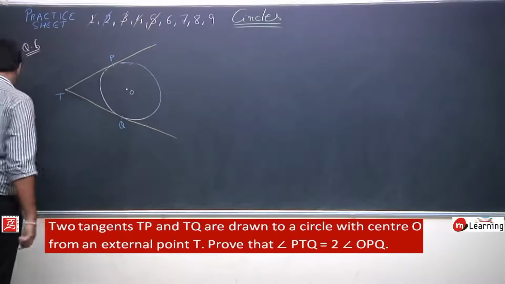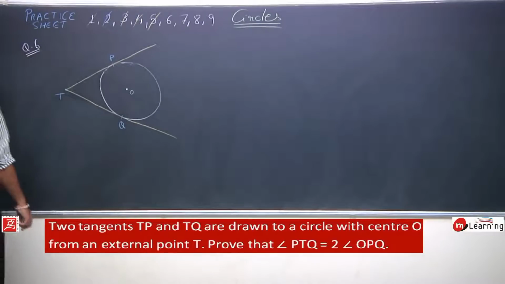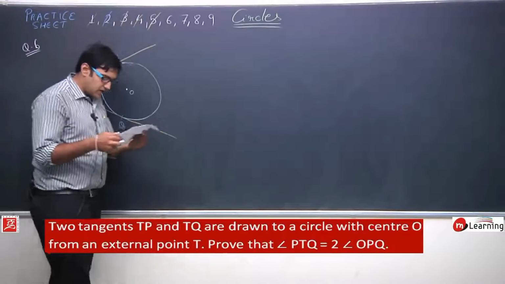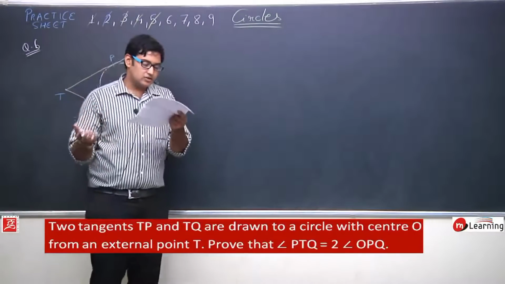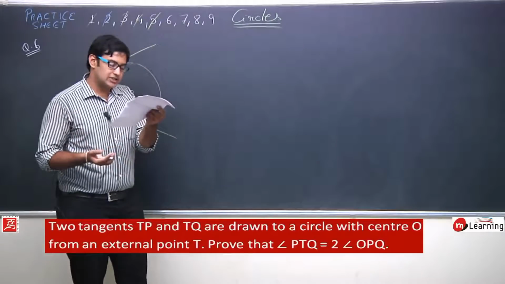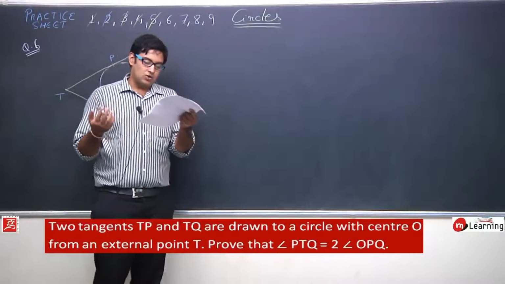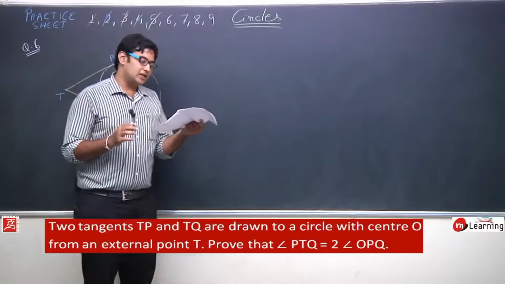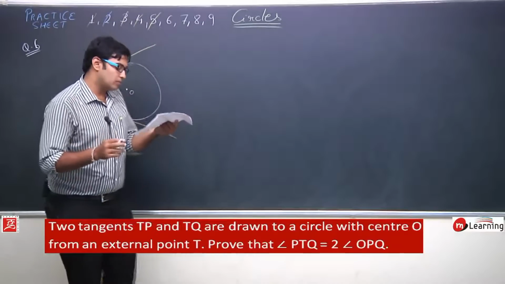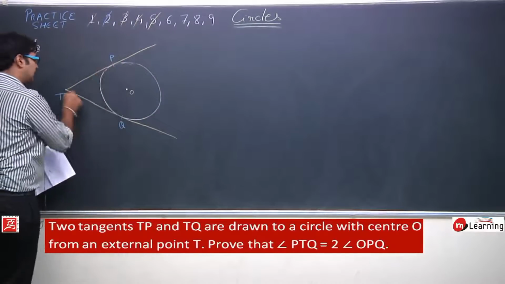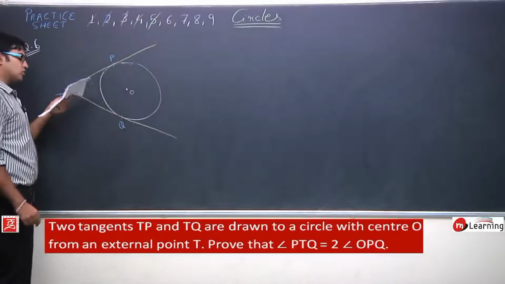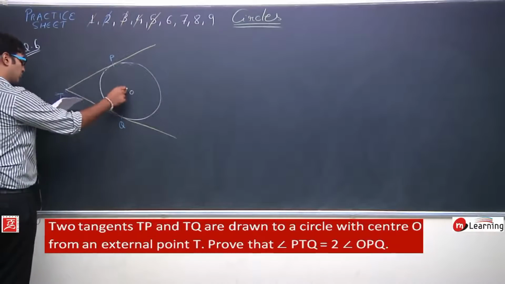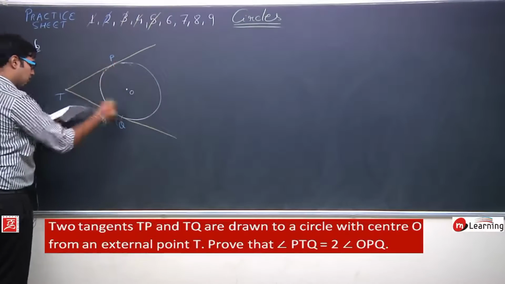O is the center of this circle, and it is given that TP and TQ are the two tangents to this circle with center O from an external point T. You need to prove that angle PTQ is equal to 2 times angle OPQ.